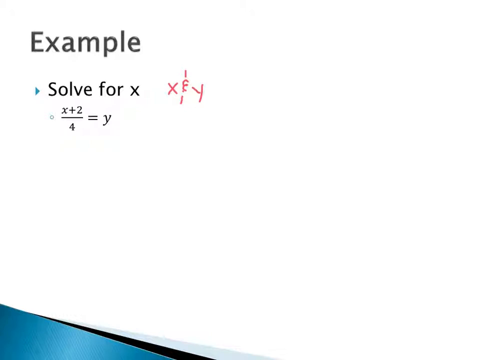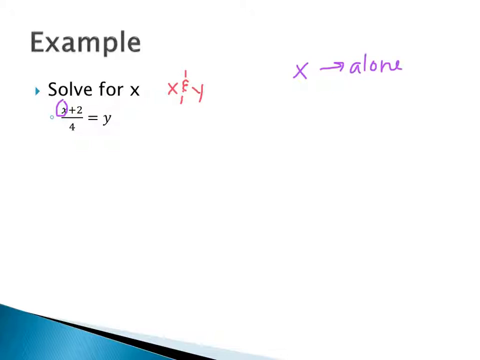But let's just work through the problem like we just did in the previous example. Our goal is again to solve for x. So we're going to solve it just like we did before. The biggest thing to note is that when you're solving for a certain variable, you want to get x by itself.